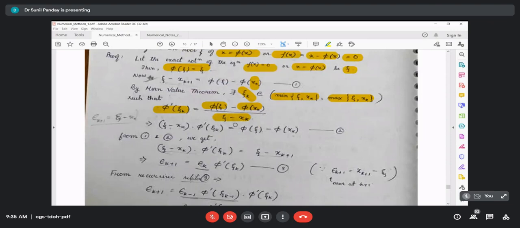Again we multiply this to the other side and we have this one. We know that phi xi equals xi, as xi is the fixed point of the iteration function, even though xi is the root. So we replace phi xi by xi, and we have obtained xi minus xk into phi dash of xi k equals xi minus xk.